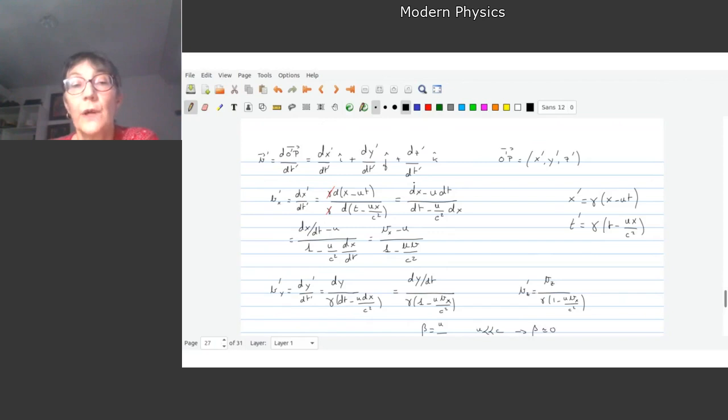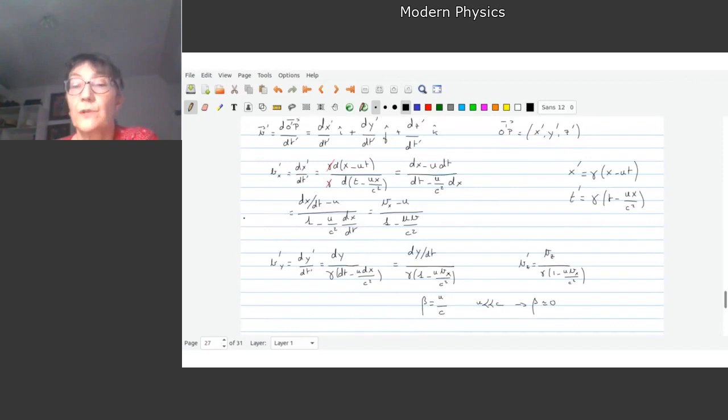You want to determine this velocity as a function of your velocity. So you divide dx by dt, dx over dt minus u, and you will find this expression, using these two transformations that you already know.